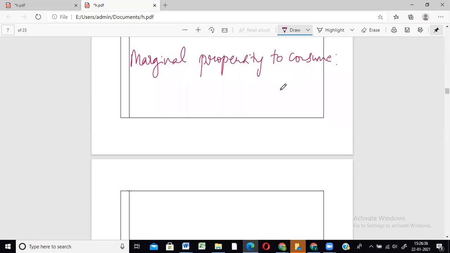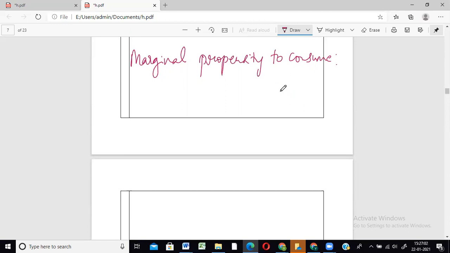to consume. Now, see, there is always one limit. A person thinks that this much percentage I will spend, and this much will be my savings. Suppose I'll spend 40%, I'll save 60%, or whatever it is, I'll spend 50%, I'll save 50%.